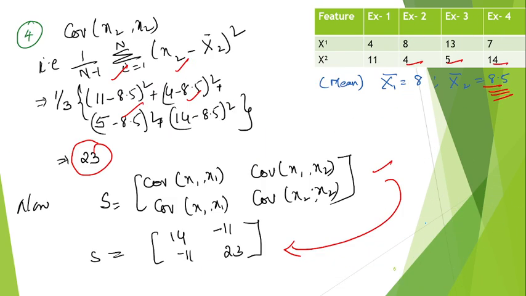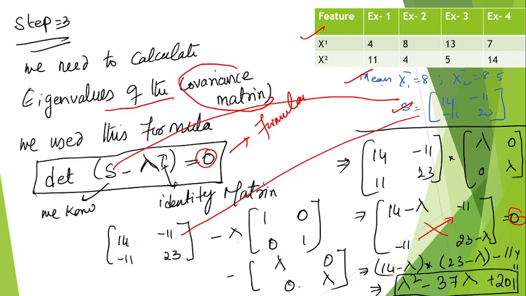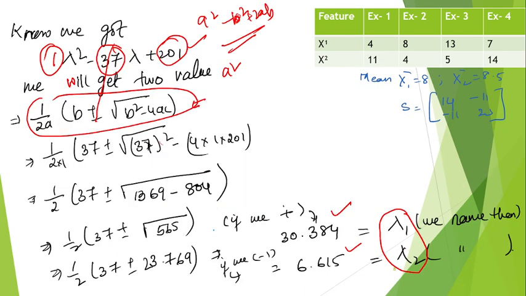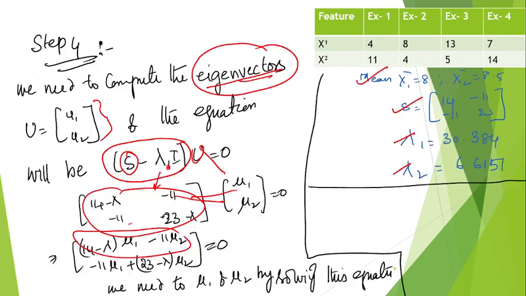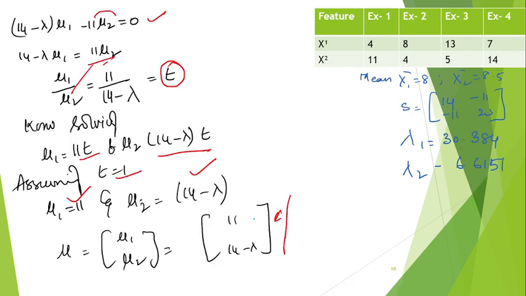And then third we have to calculate eigenvalues with this formula. We already know S. So with this one and then the quadratic equation we get lambda 1 and lambda 2. Then based on that we calculate eigenvectors. What is that? Mu is equal to V1. We already have the formula like this, correct? And then we are using only the first equation. Do remember, we are using only the first equation. Then we have already got these values.